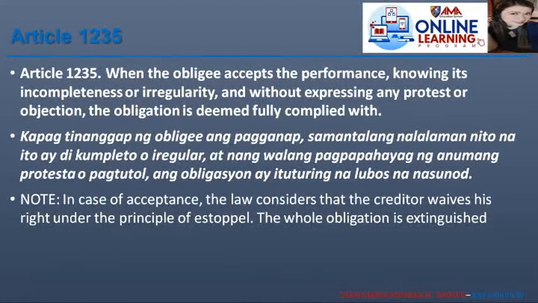So, ito yung nabanggit ko kanina, a while ago, na kung wala namang objection, walang rejection, walang protest on the part of the creditor, kahit alam niya na yung ibinigay sa kanya, yung performance ng debtor ay hindi kumpleto or may mali, okay, wala naman din siyang sinabi, in-accept pa rin niya, then ituturing natin class na complied na yung obligation. Okay, kapag tinanggap ng obligee ang pagganap, samantalang nalalaman nito na ito ay di kumpleto or irregular at nang walang pagpapahayag ng anumang protesta o pagtutol, ang obligasyon ay ituturing na lubos na nasunod.